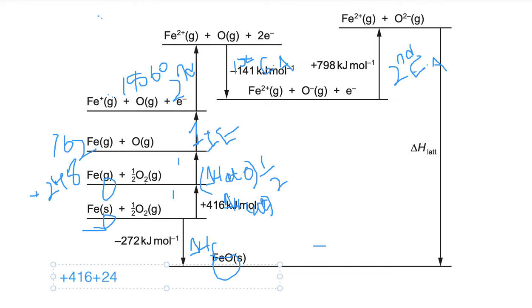So 248 plus 762 plus 1560, and this one is minus, so we write minus 141, and then plus 798, and then plus x because that's unknown, right? Which is equal to what? Minus 272.